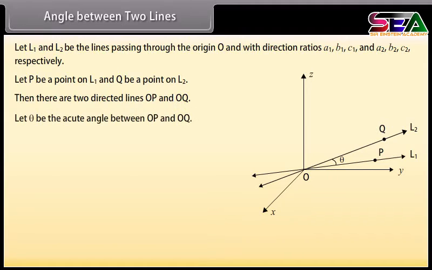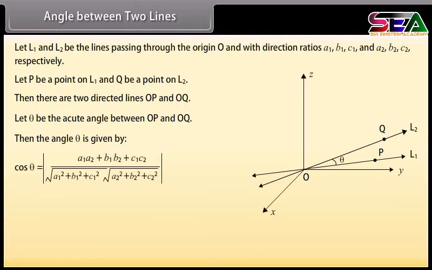Let theta be the acute angle between OP and OQ. Then the angle theta is given by cos theta equals modulus of (a1a2 plus b1b2 plus c1c2) divided by the square root of (a1 square plus b1 square plus c1 square) into the square root of (a2 square plus b2 square plus c2 square).